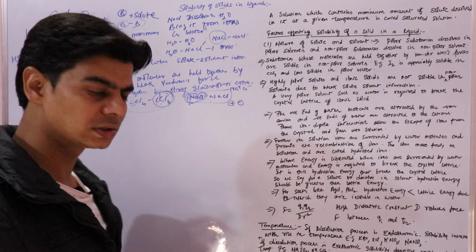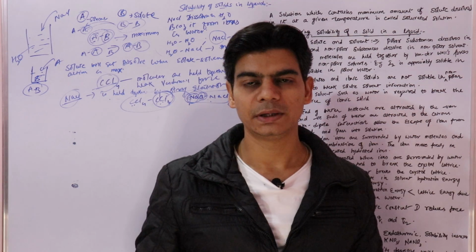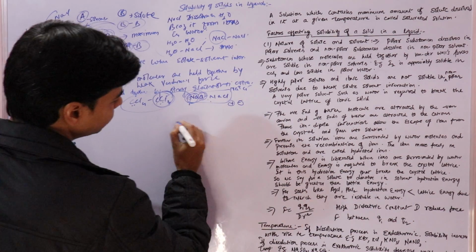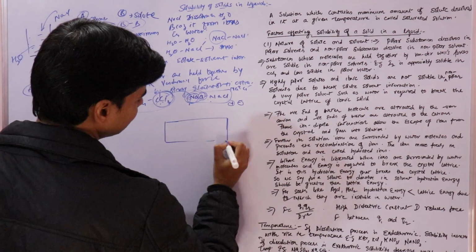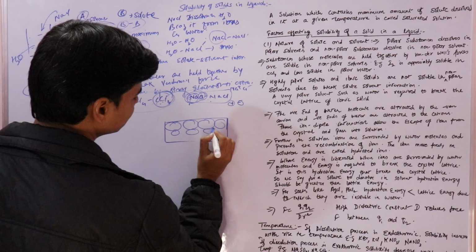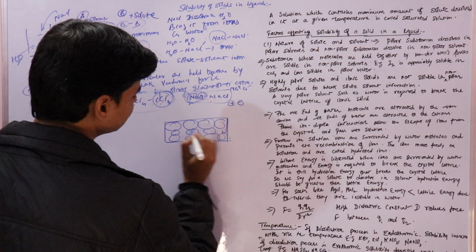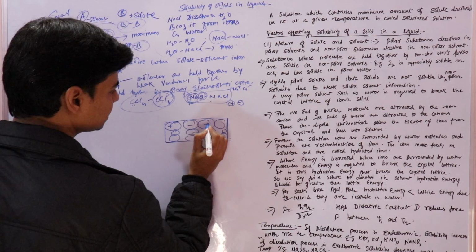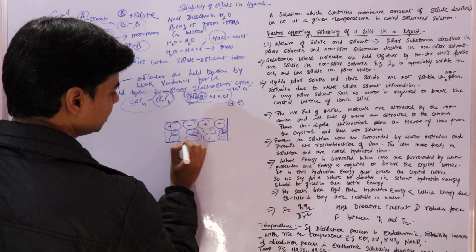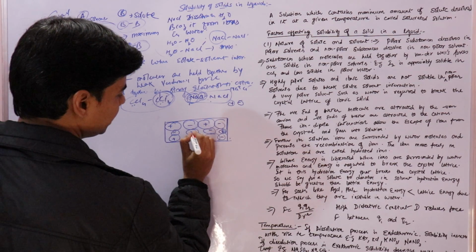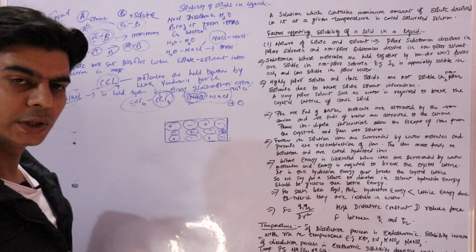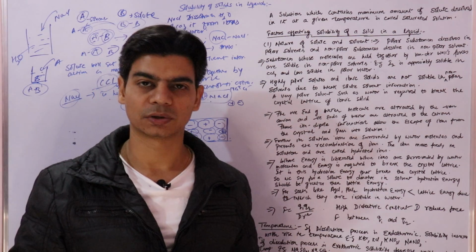Now let's discuss this in detail. When sodium chloride gets dissolved in water, what actually happens is, if we just talk about the crystal structure of sodium chloride, this is how it looks. Its crystal lattice is like this. It has plus minus, plus minus, positive and negative ions which are held together by high electrostatic force of attraction.